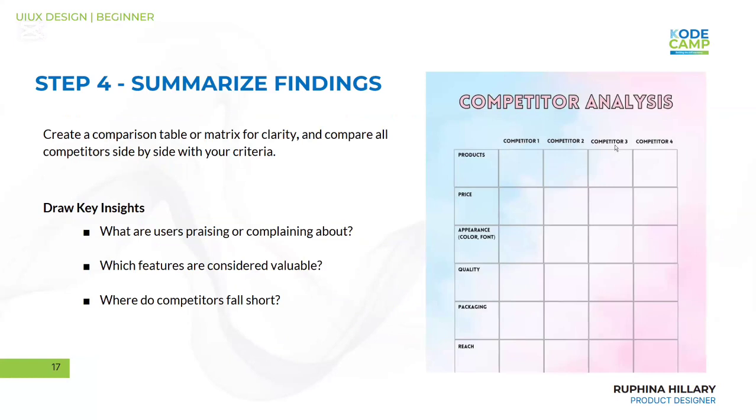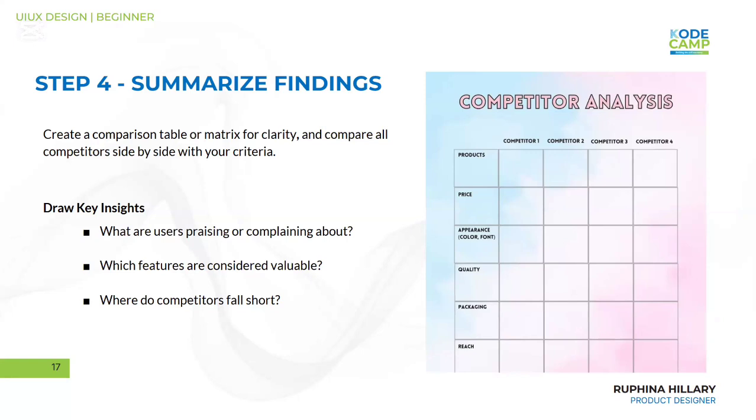It could be as simple or as complex as you want. Just write the name of the competitors, their products, what price they're offering, appearance in the sense of their brand positioning, what's their color, what's their font, their brand itself. When you see CodeCamp or Code House as a product, they use blue and green.